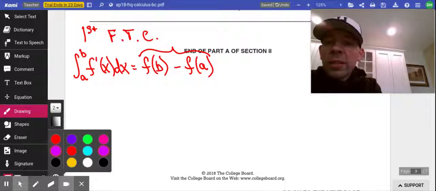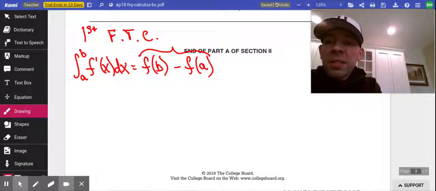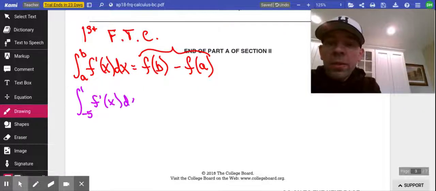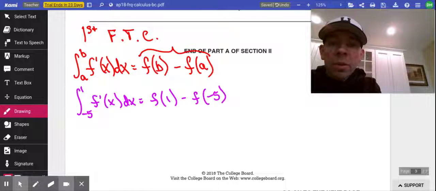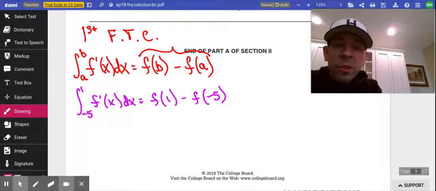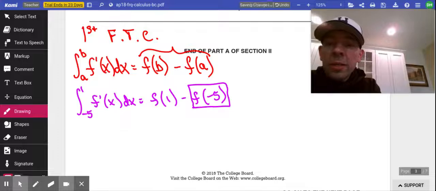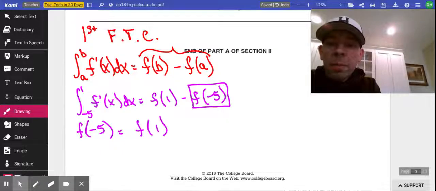So drawing the specifics out of this question, we're going to integrate from negative 5 to 1. We know by the theorem that's guaranteed to be f of 1 minus f of negative 5. We're going to treat this like an equation where we isolate this particular term. By doing a little bit of algebra, we can write that f of negative 5 is f of 1 minus the value of this definite integral.